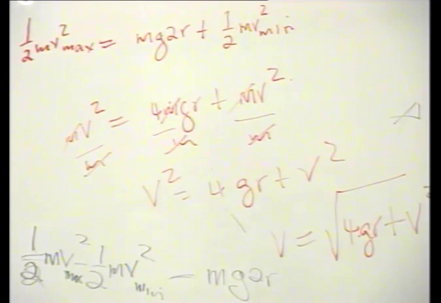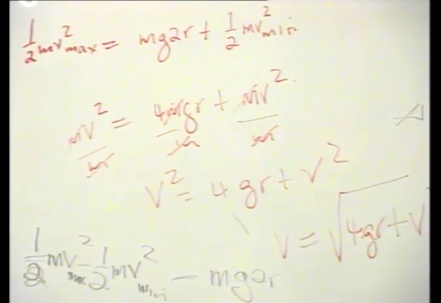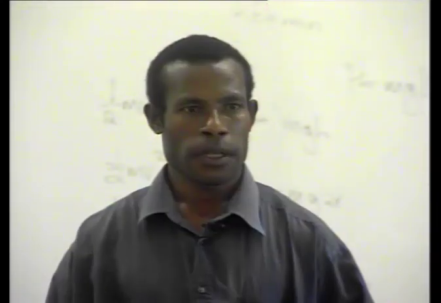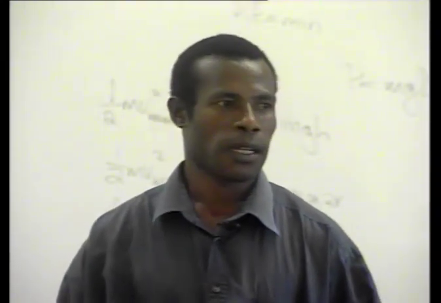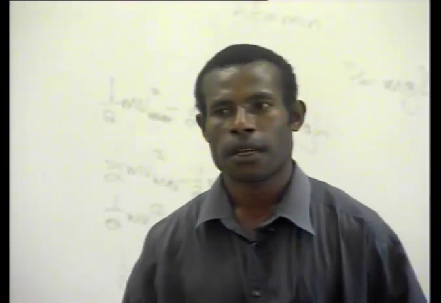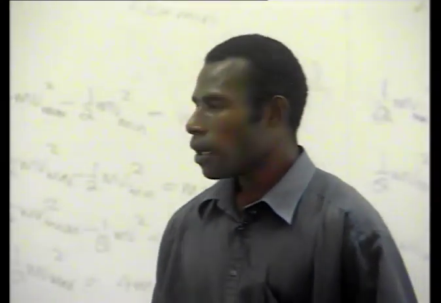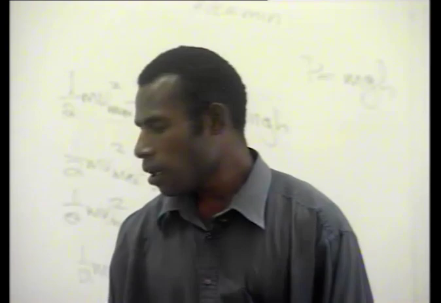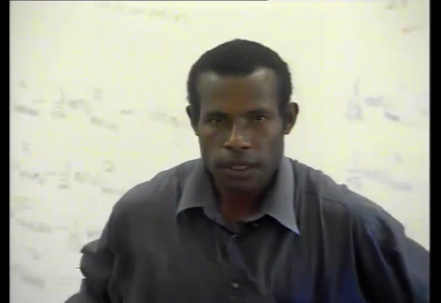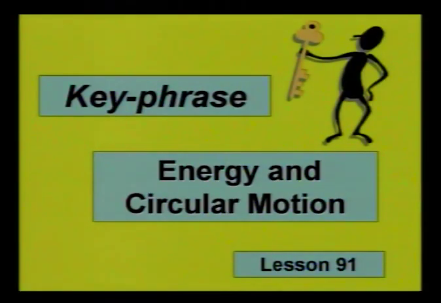All right, so in our next lesson, we will study projectile motion and also smooth inclines and rough inclined planes. That brings us to the end of the lesson, and our key phrase will be energy and circular motion.